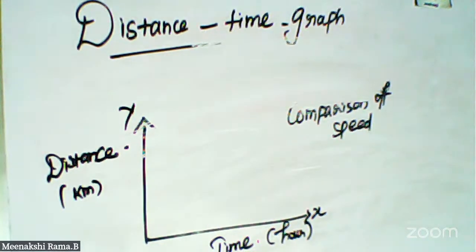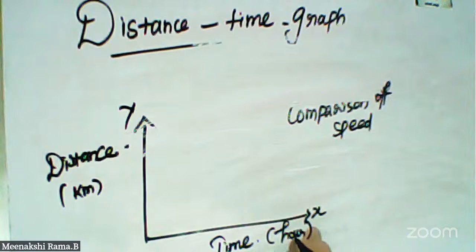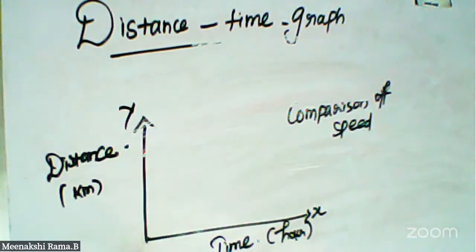So time we calculate in hours, and distance in kilometers. So this is the distance-time graph for comparison of speed. First 0 hour, then 1, 2, 3, and 4, because this is first hour, second hour, third hour, and fourth hour.